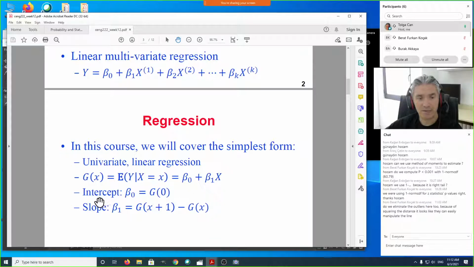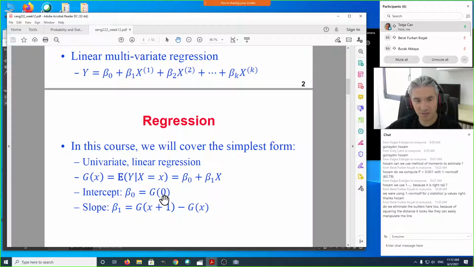The intercept beta 0 is the value of this function when your predictor is equal to 0. The actual semantics of beta 0 may not be meaningful, because in most cases, x can never be equal to 0 in reality. For example, in terms of house prices, do you have any house with area 0 square meters?